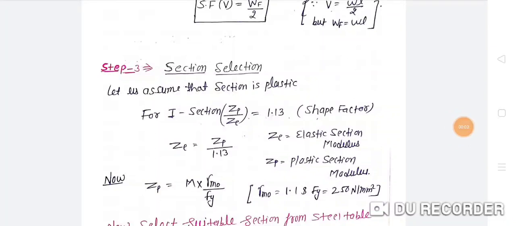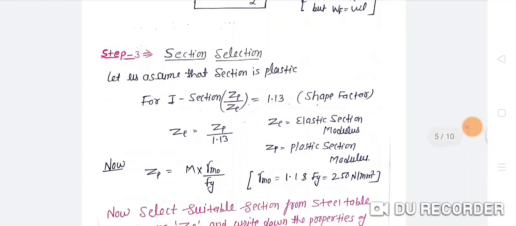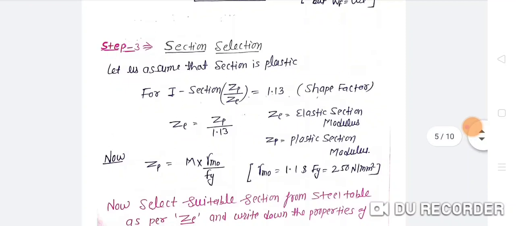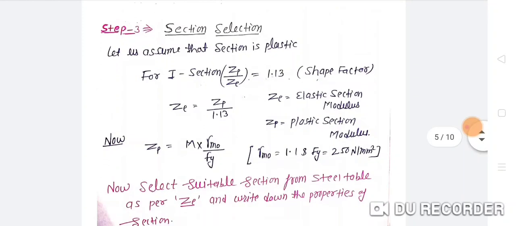Step third is known as section selection, meaning we choose a suitable section from the steel tables that resists all the loads that come from step first and step second. For section selection, let us assume that the section is plastic. Now we choose the section as per the elastic section modulus.